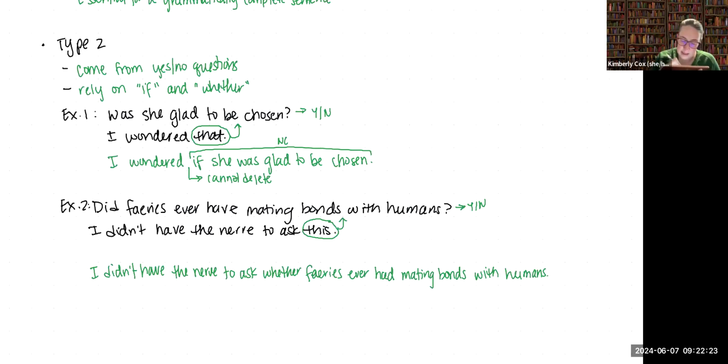And we are replacing the entirety of this with the noun clause, or this whole clause that functions like a noun, and we're using whether to introduce it. And then once again, we cannot delete it and have the sentence still make sense, right? I didn't have the nerve to ask. We'd probably be like, ask what?